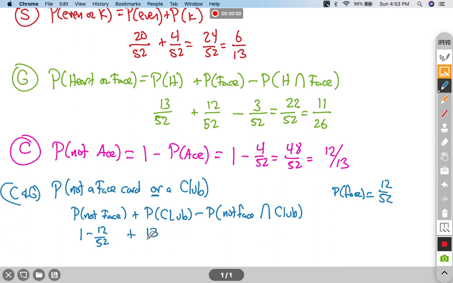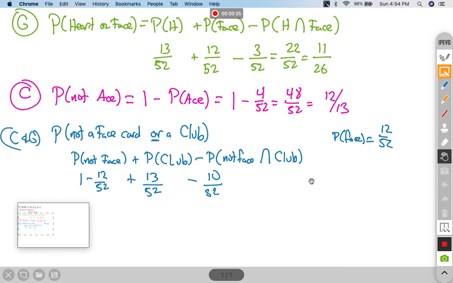Probability of a club, there's 13 clubs. Not a face card and still a club. So we're looking at how many clubs are not face cards. So that would be 10 cards are clubs and are not face cards.